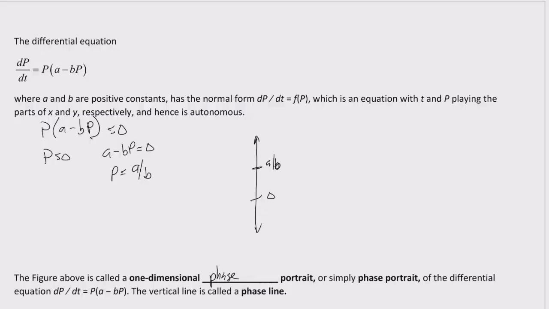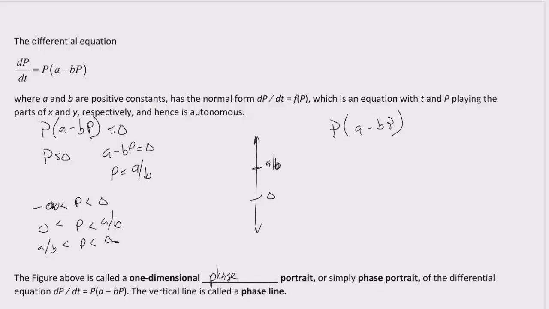We've got negative infinity up to 0, then anything from 0 up to a over b, and then anything from a over b out to infinity. So essentially there's 3 regions we've broken this number line up into. Let's revisit this factored form for a second and have a conversation about what we'd expect the signs to do in these 3 regions.